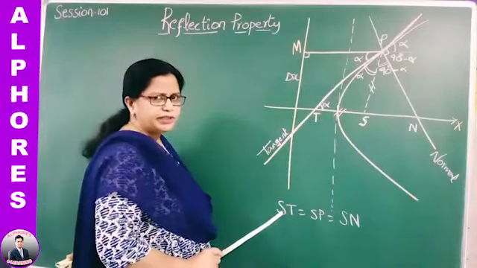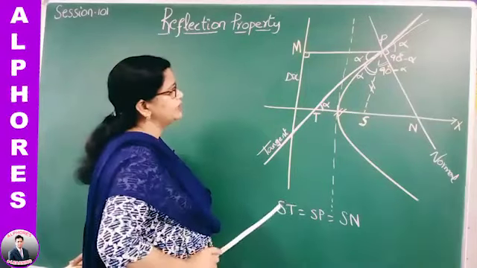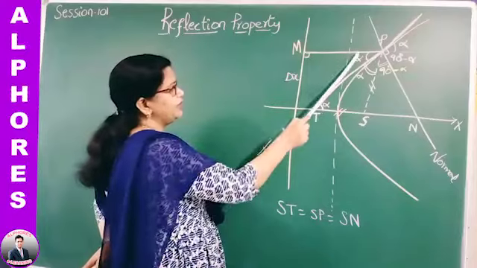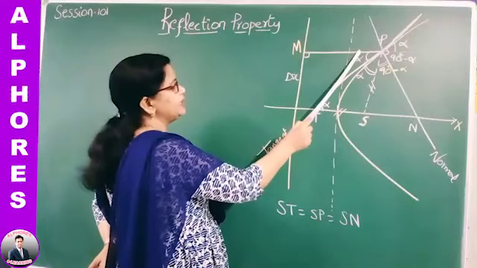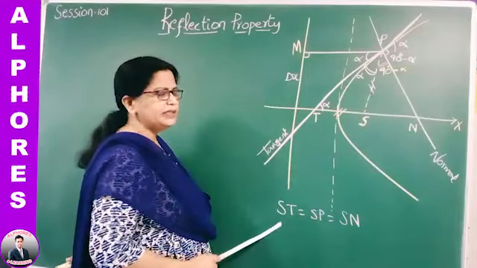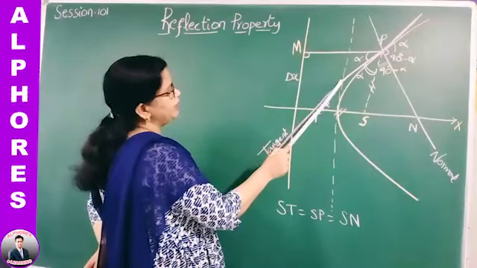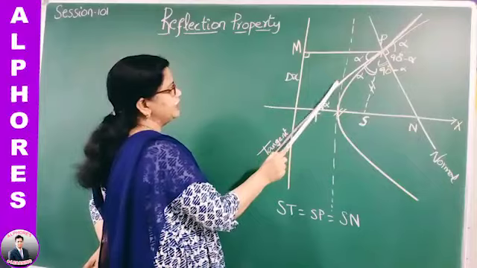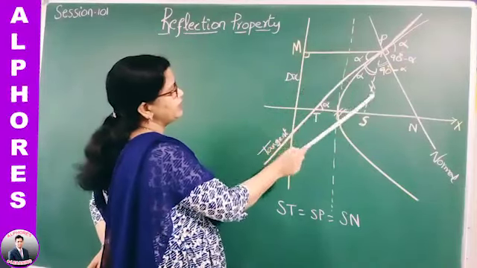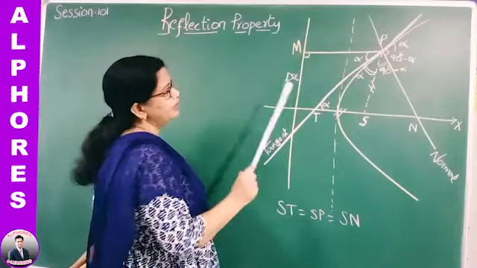Based on this result. Of course, you know about these two values: if this is alpha, this is also alpha. But how we got this is alpha is just based on this relation. So immediately we observed that the tangent is the internal angular bisector of the lines SP and PM.